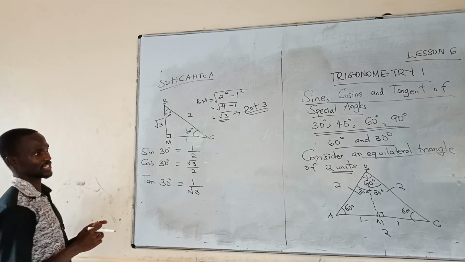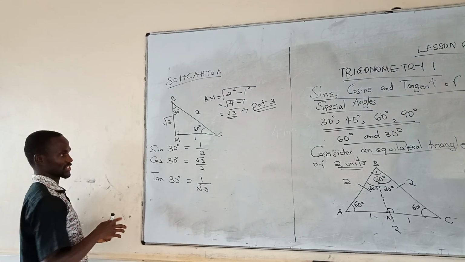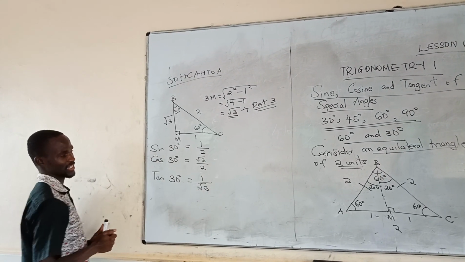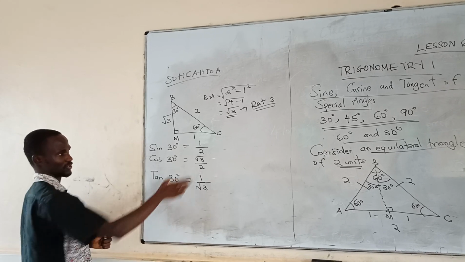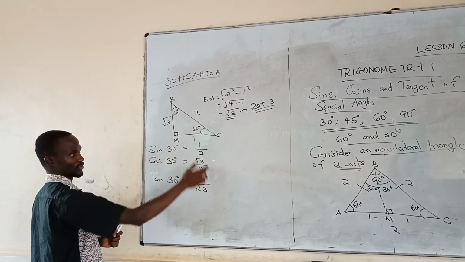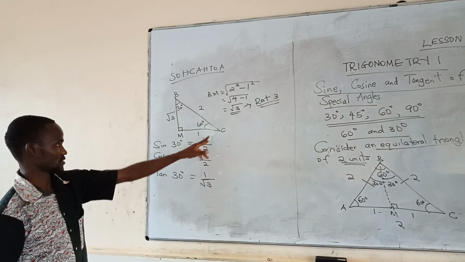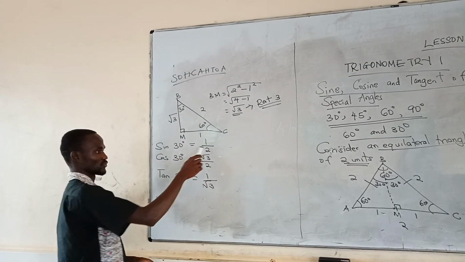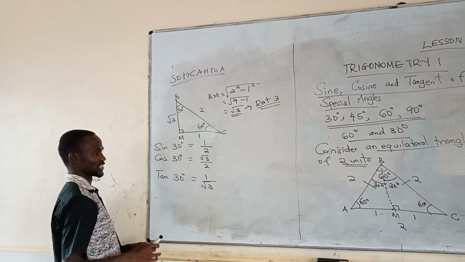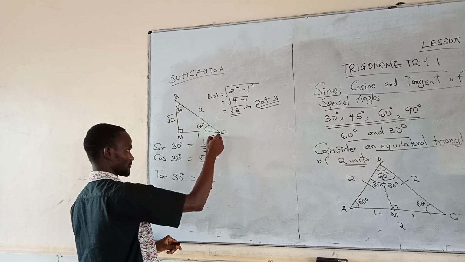So basically for 30 degrees, this is how we will represent. Even if you don't have mathematical tables, this is how we will replace: sine 30 is a half, cos 30 degrees is root 3 over 2, tan 30 degrees is 1 over root 3.